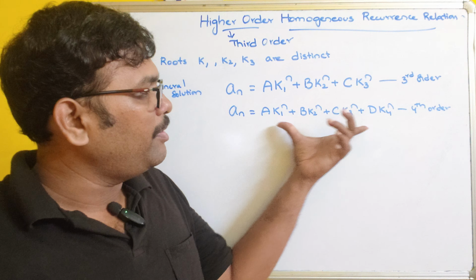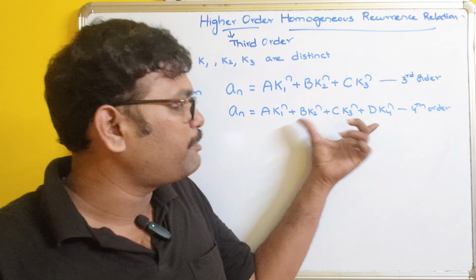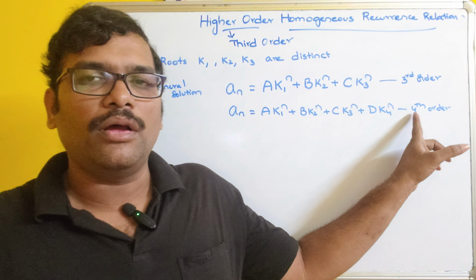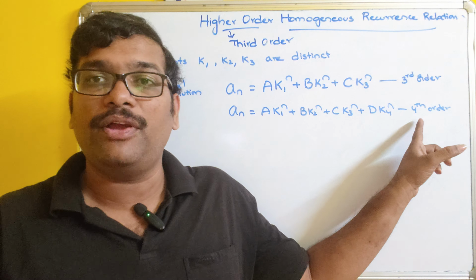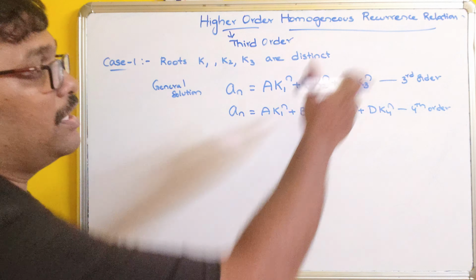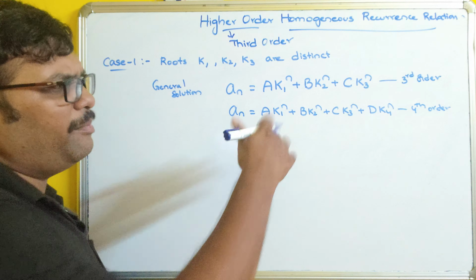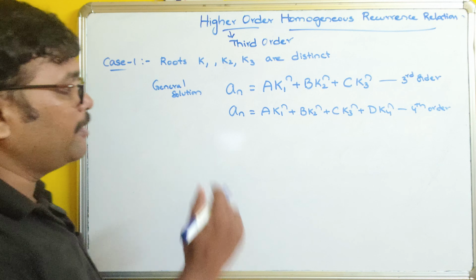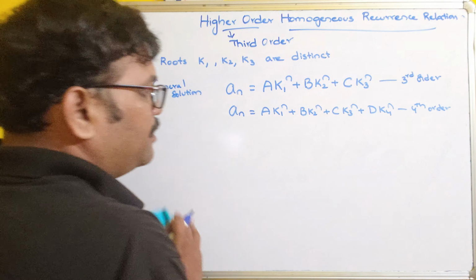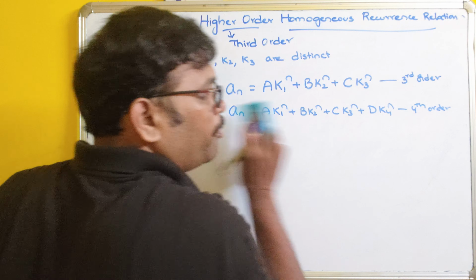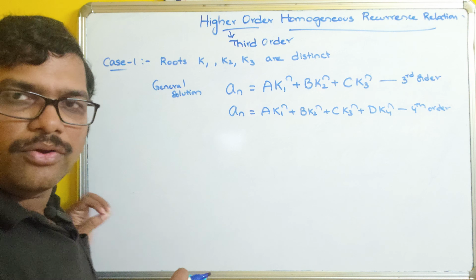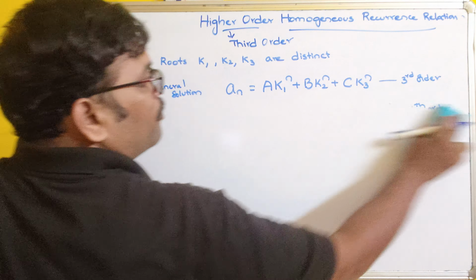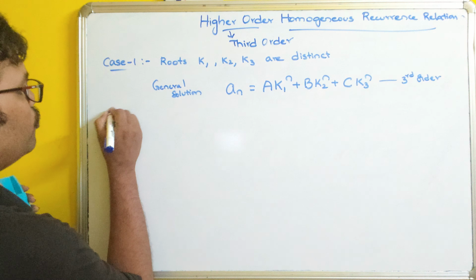So along with this particular expression, one more root will be added, e into k5 power n. So this is for third order and this is for fourth order, and it will keep on going. Hope you understood. So the same formula you can apply for any order.